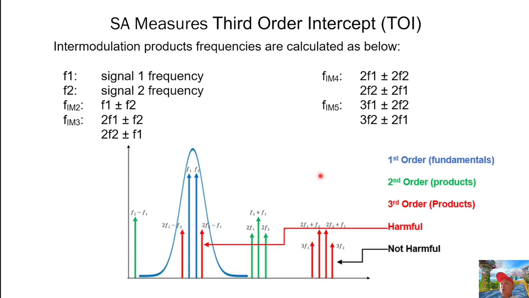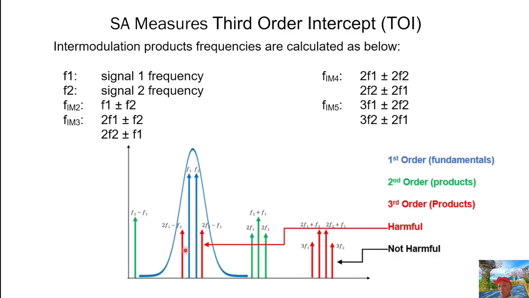And then the next one, we are going to measure the third order intercept, the TOI. Before that, we need to have some idea of what the TOI is. For example, if we have two frequencies F1 and F2, both are in the passband filter. See?